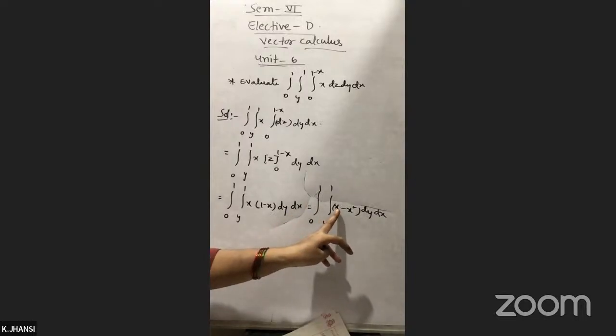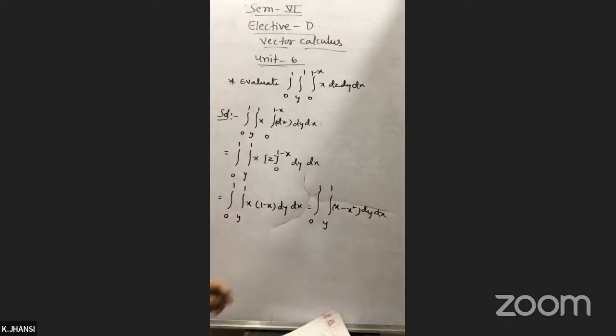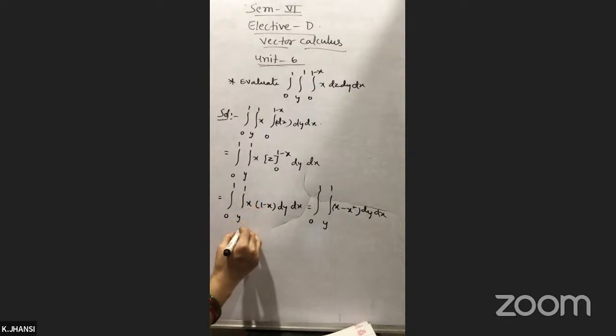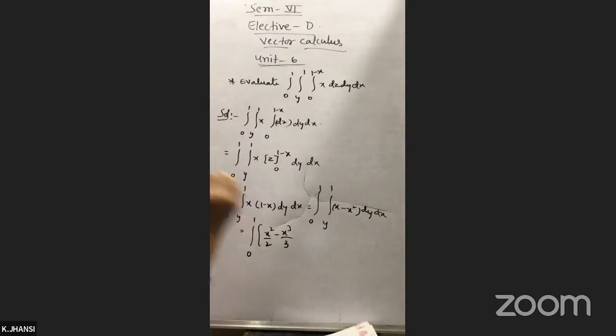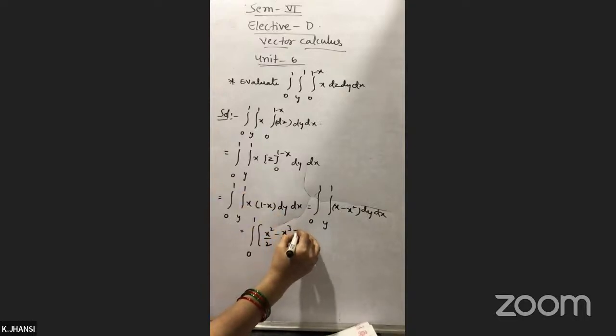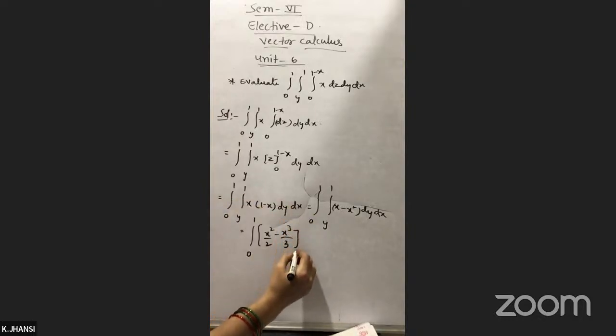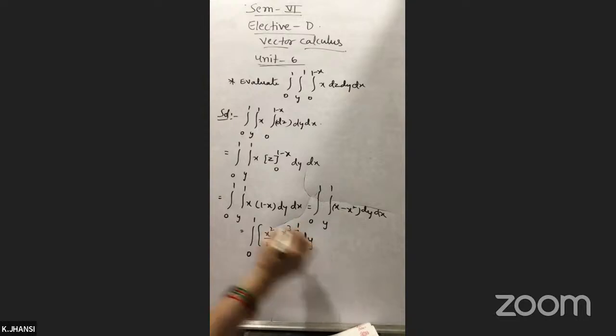So now we'll do the integration of this one with respect to dx. So you will get it as 0 to 1, x integration is x square by 2 and x square is x cube by 3. Okay. Next we have dy is there and this is y to 1 into dy.